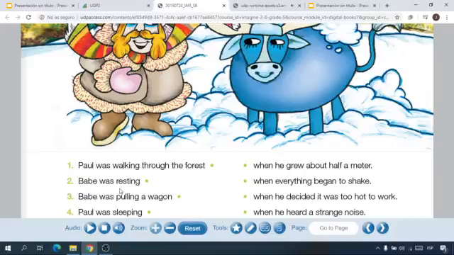Oh, no. So what was Babe like as a young ox? Babe was a troublemaker. One summer day he was pulling a wagon full of logs when he decided that it was too hot to work and stopped right there. What did you do? I tricked him. Babe likes snow, so I painted the road white, and he thought it had snowed. I still have to do it sometimes.